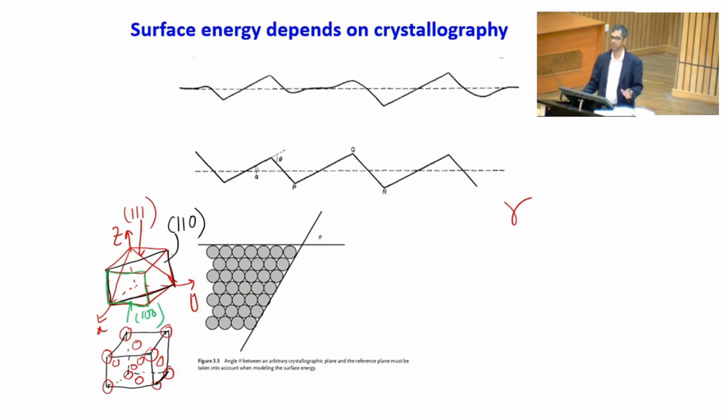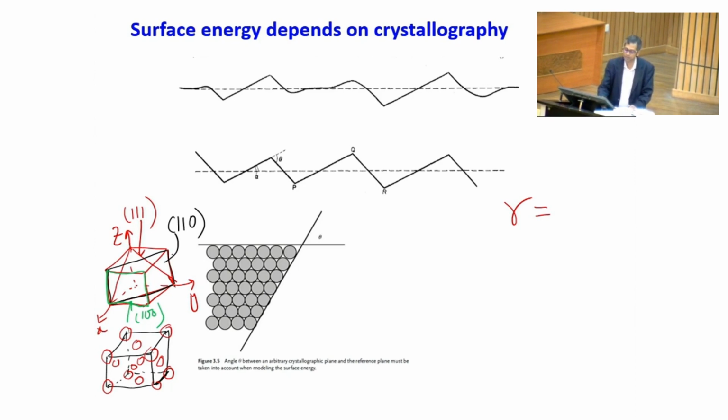So, bonds of those 5 atoms are broken and the surface area is a into a, a square, correct. So, gamma is basically the total number of bonds broken, for each atom, times the bond energy among them, divided by the surface area, that is a square.